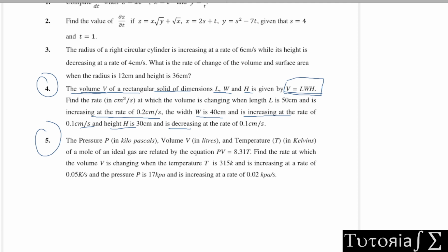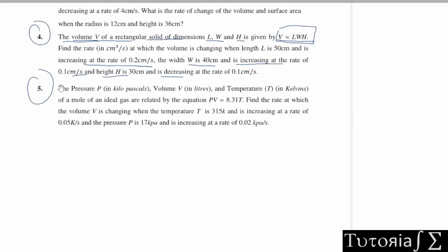As per the previous lesson, we know that to find the rate of volume, we just find dV/dt.